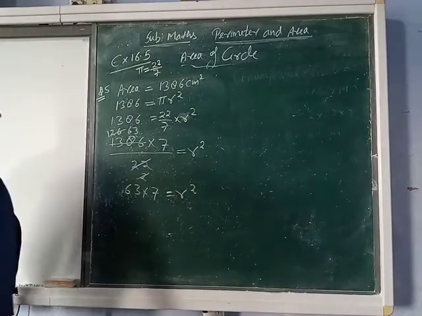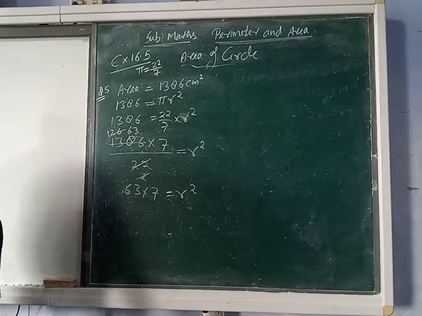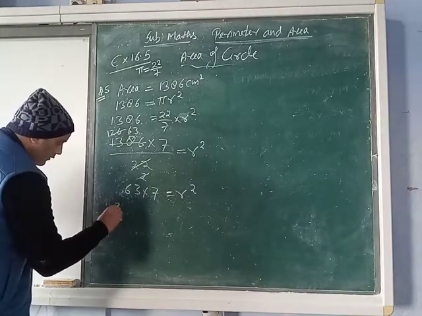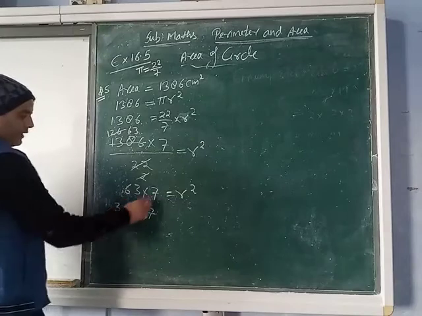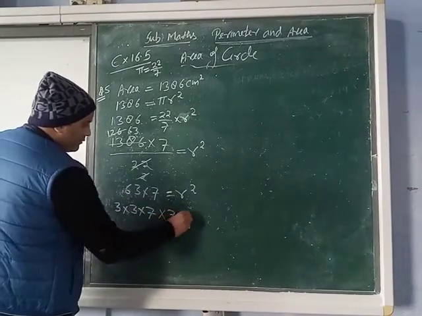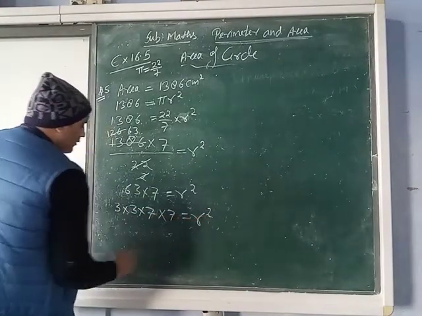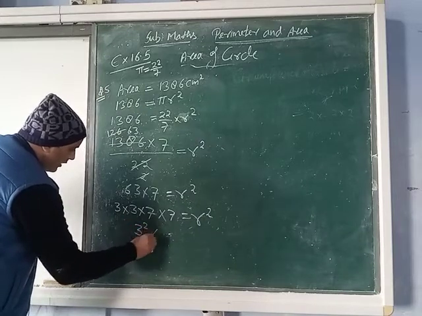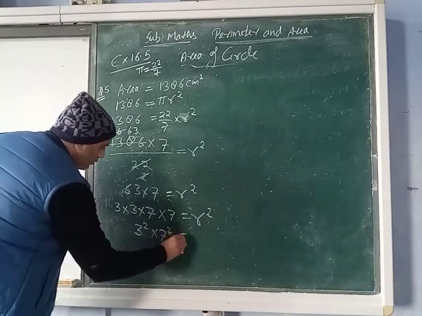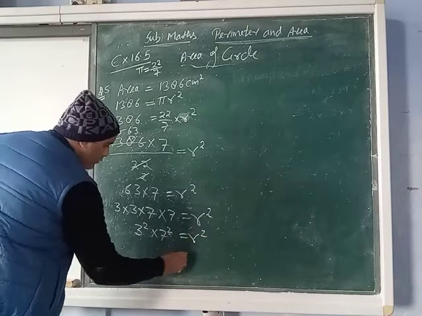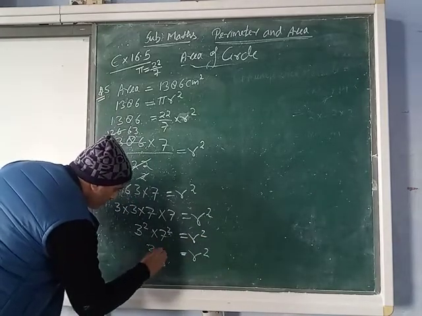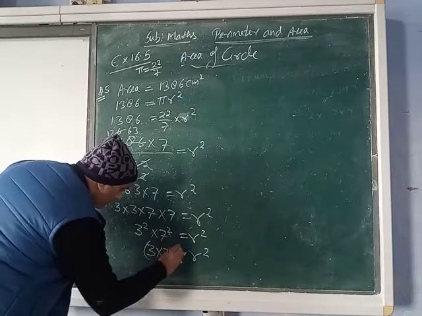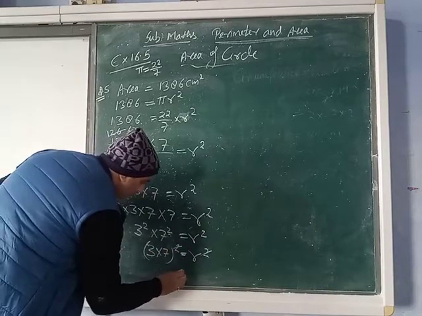Next, take the prime factor of 63: 3, 3, 7. With 3 power 2 and 7 power 2, the power 2 cancels.